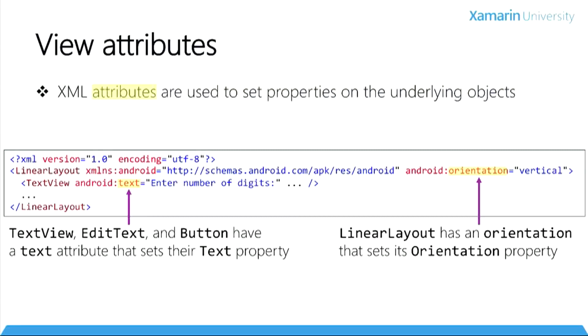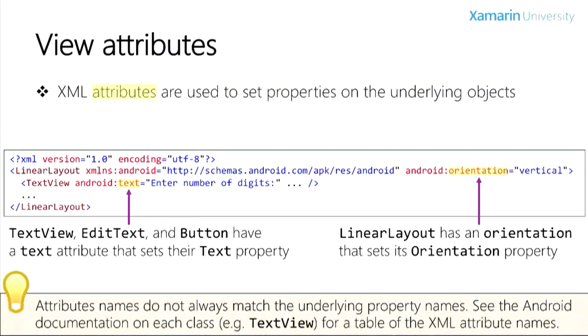Each of these types, like linear layout, text view, edit text, button, these are all types that were originally defined in Java and Android, and which Xamarin wrapped in a C# class. So by setting these attributes, you are setting the underlying C# property on the Xamarin wrapper for each of these views. One thing to be careful of, there's not an exact match all the time between the attribute name and the property name.